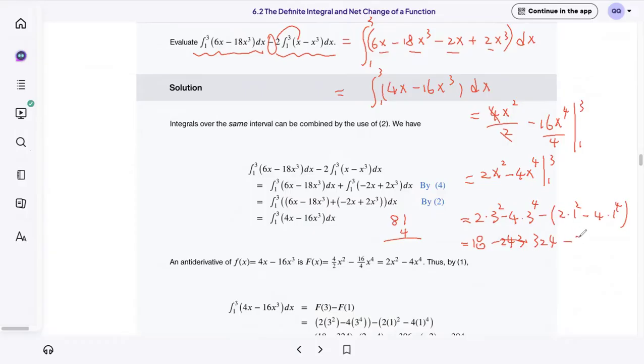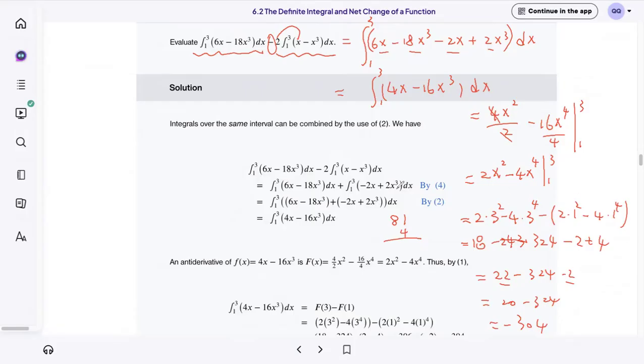Then minus 2, minus becomes plus 4. So we have 18 plus 4, 22, minus 324, minus 2. So 22 minus 2, that's 20. 20 minus 324, that's negative 304. It's very easy to make mistakes during the calculations.